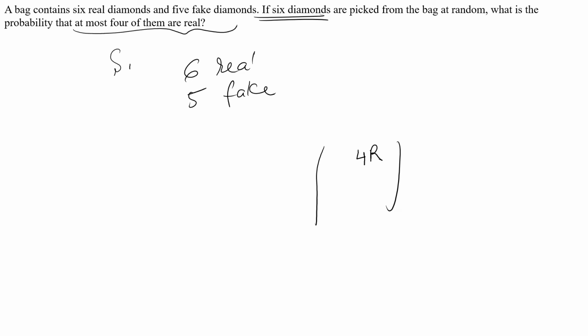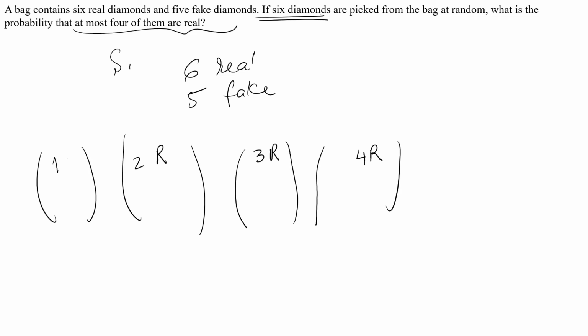6 diamonds. Maybe 3 are real, or maybe 2 are real, or maybe 1 is real, or maybe none is real. At most: so 4 real, or 3 real, or 2 real, or 1 real, or no real. Now, we have to select 6 diamonds.